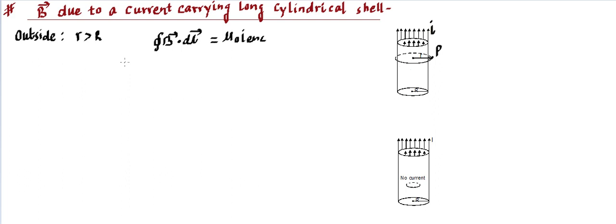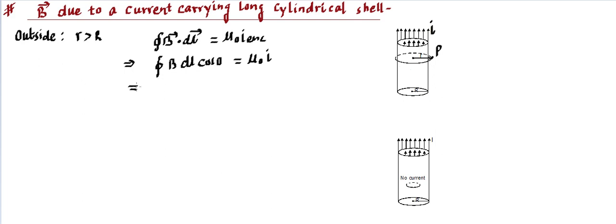So we can carry on with this, and we can simplify the left hand side. Since we have talked about this, the magnetic field is going to be tangential, dl is going to be tangential, so we can write it as integration B dl cos 0. How are we able to say that? This curve that we have chosen, this Ampere's loop, in that Ampere's loop dl and B are both going to be tangential, and on the right hand side you are going to get mu naught into I enclosed, which is going to be the total current.